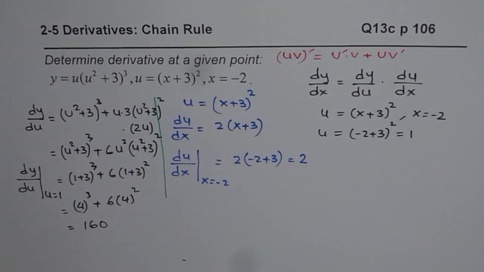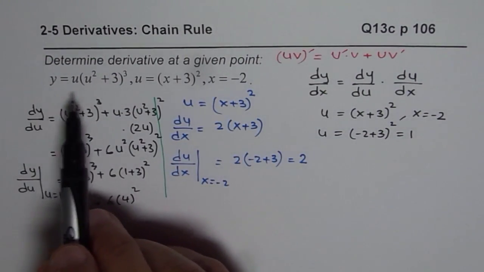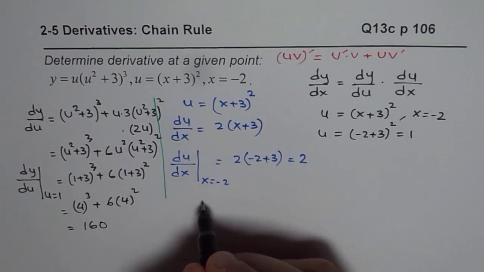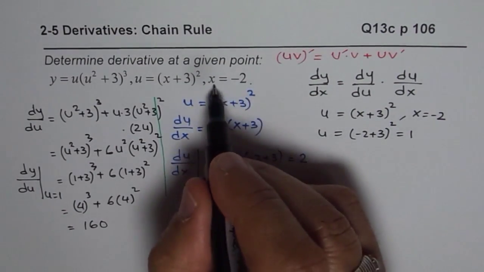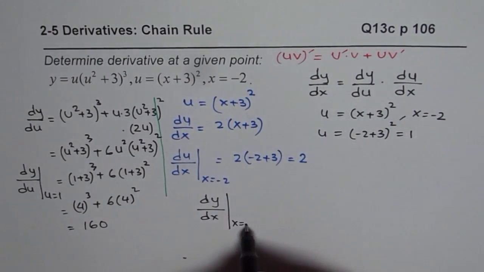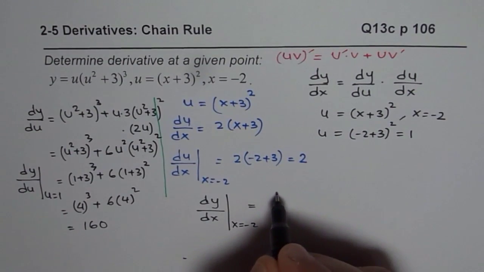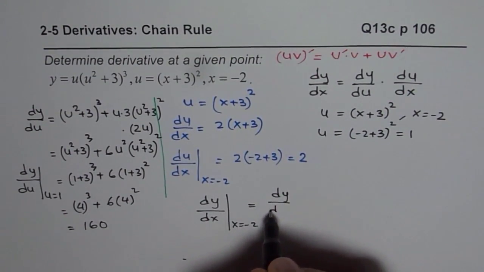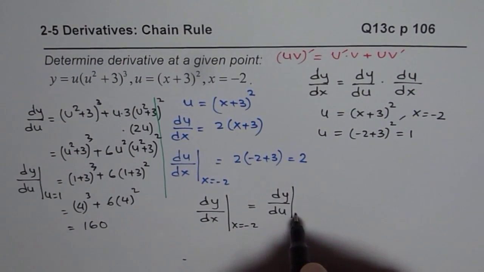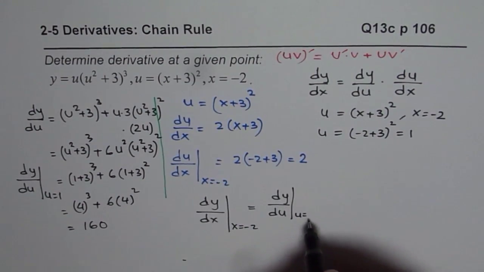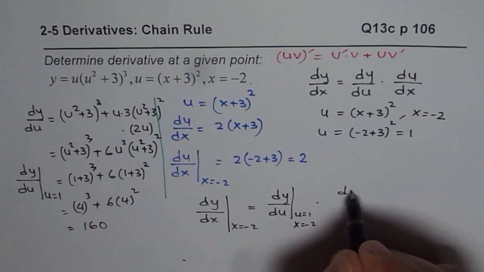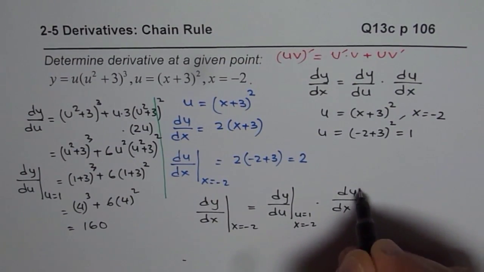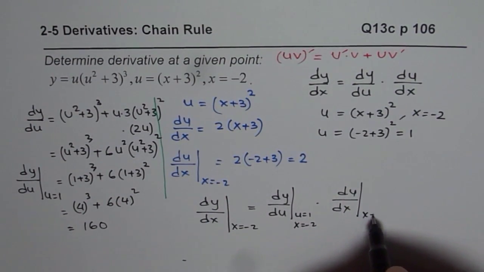Now what do we need to find? We need to find the derivative dy/dx at x equals minus 2. This is equal to dy/du at u equals 1, that is x equals minus 2, times du/dx at x equals minus 2.